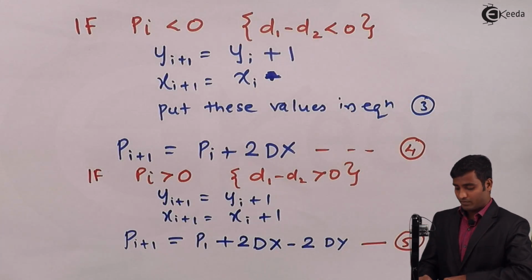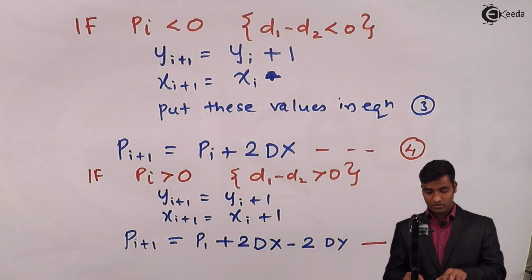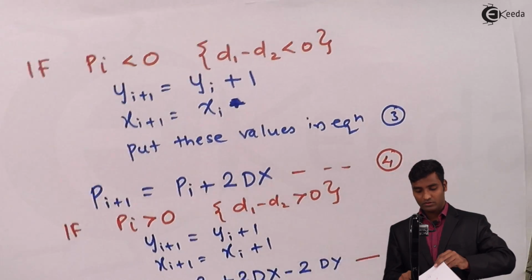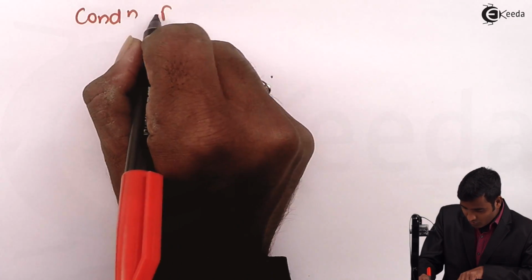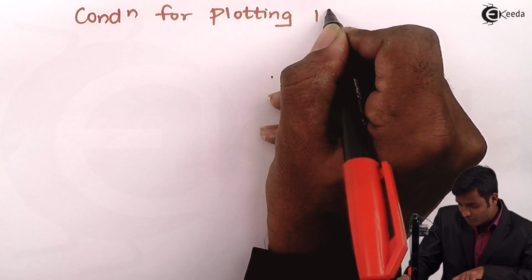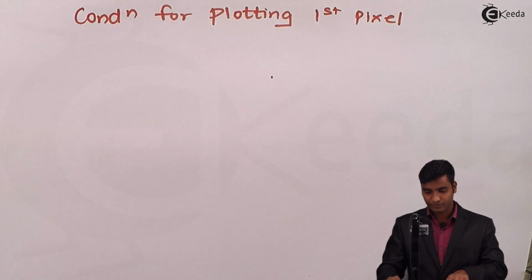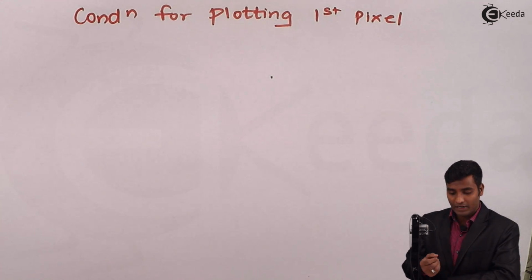So now we will plot the first pixel. The condition for plotting the first pixel means that the ith term is replaced by 1.